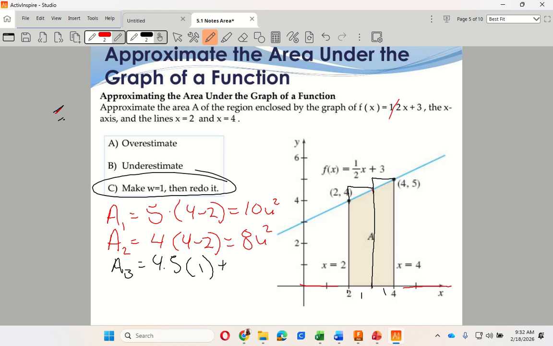Plus this one over here, which is 5 times my width of 1. Where I get 9.5 units squared.